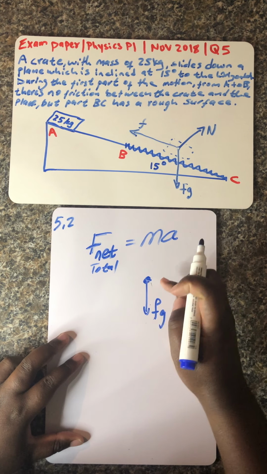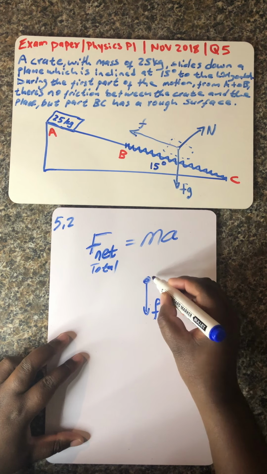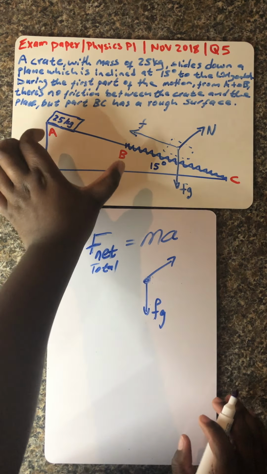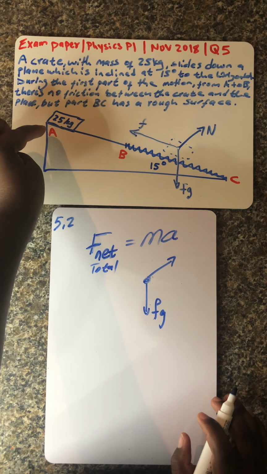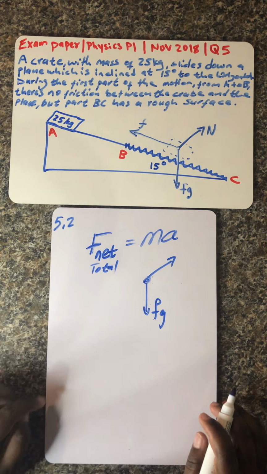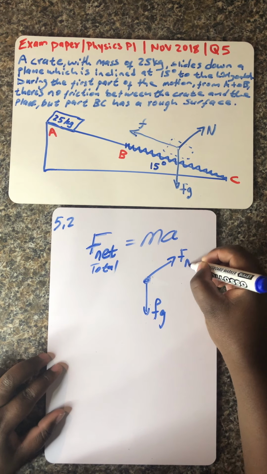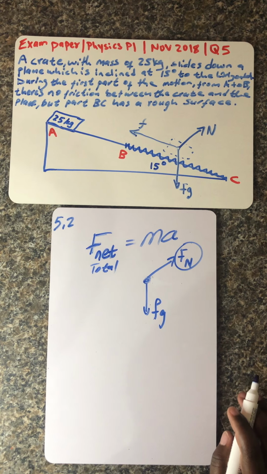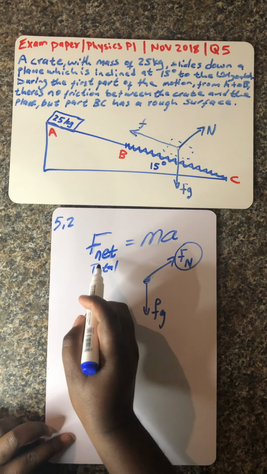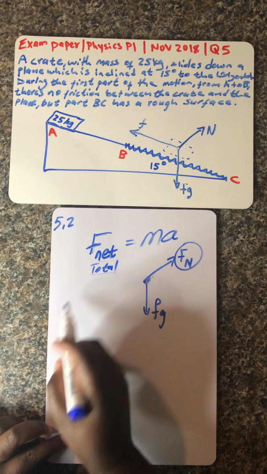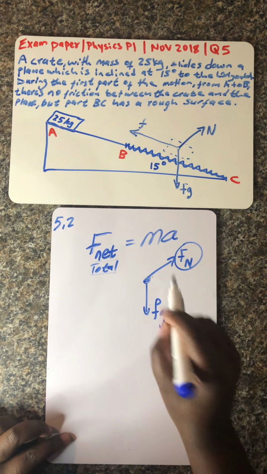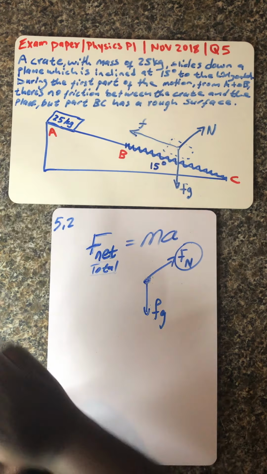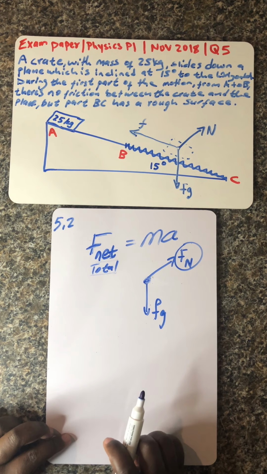So guys, it's exactly what I've done on the first question, where we did a free body diagram of this object while it's still between A and B. Remember, the normal force is never included in that formula. So that means, guys, when we say net force or total force, we are talking about all the forces acting on that object when it's between A and B, as the question says.